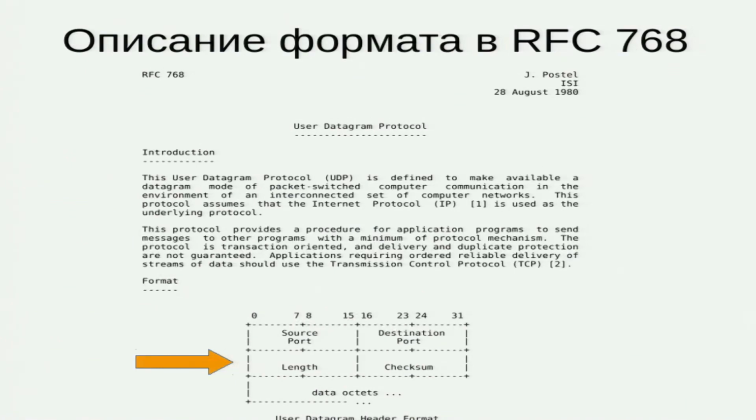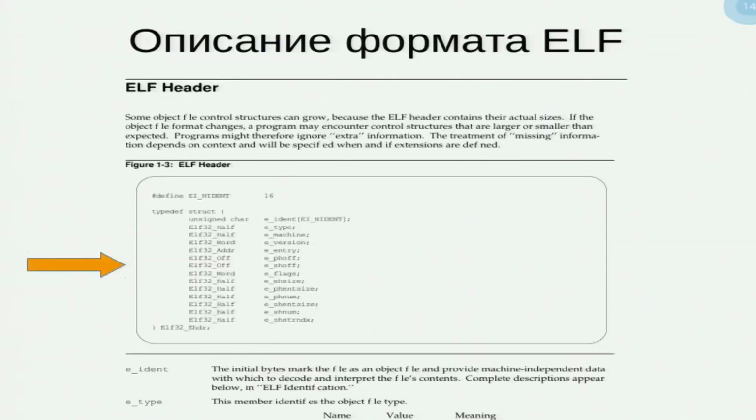Another example, this RFC is about the UDP protocol. The developers of the RFC decided to present everything here as a table, and we can see the structure of a UDP datagram as a table for 32 bits somehow, probably to fit the page. But anyway, it can be used.